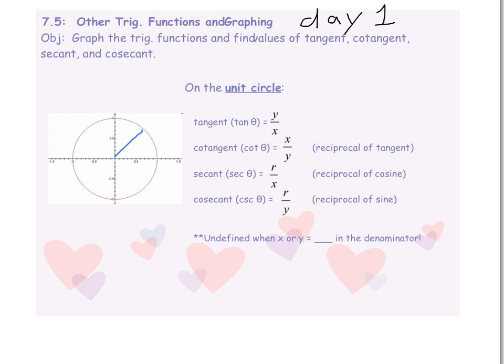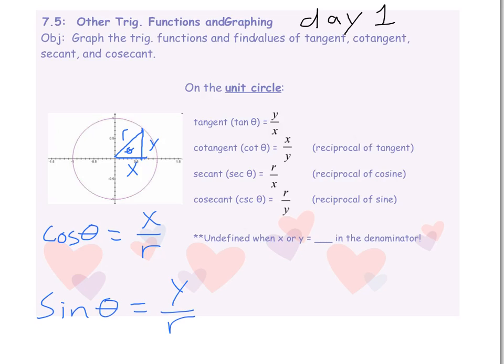If we have a point on the unit circle that determines an angle, which we'll call theta, this would be y, this would be x, this would be r, okay? And it's worth reviewing here that we've seen that cosine of that angle is x over r, and the sine value of that angle is y over r.